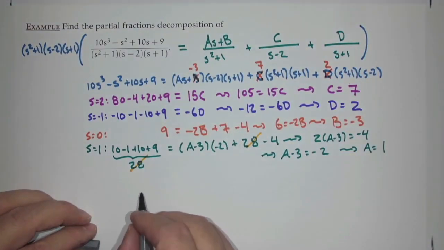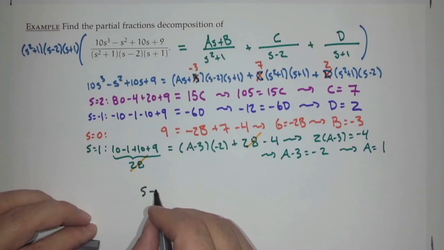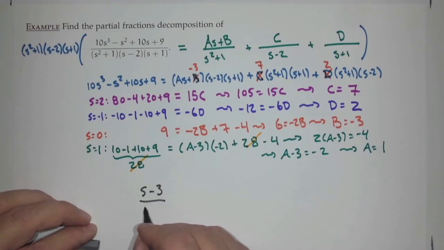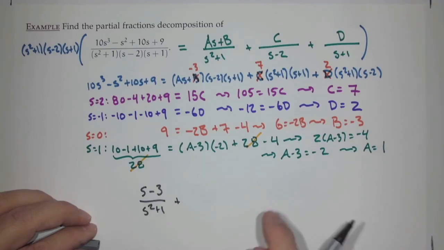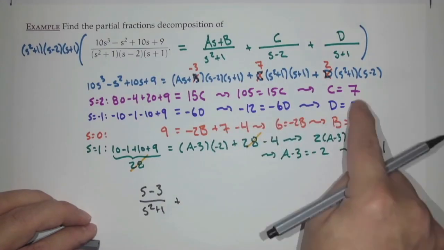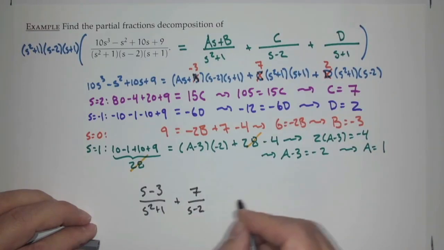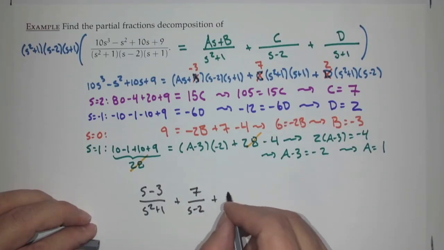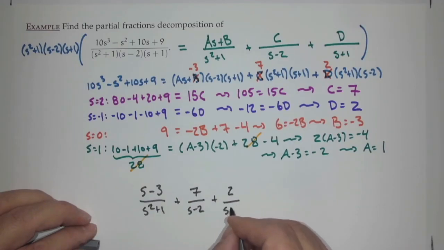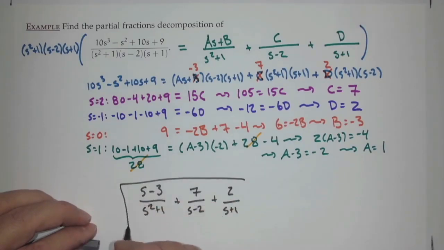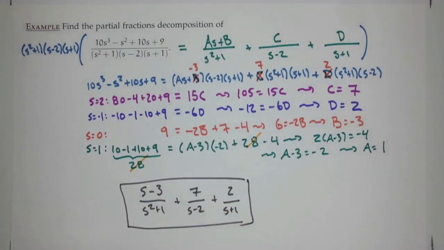So we will have s minus 3 over s squared plus 1 plus 7 over s minus 2 plus 2 over s plus 1. So that is the partial fractions decomposition. All right. Good. Any questions?